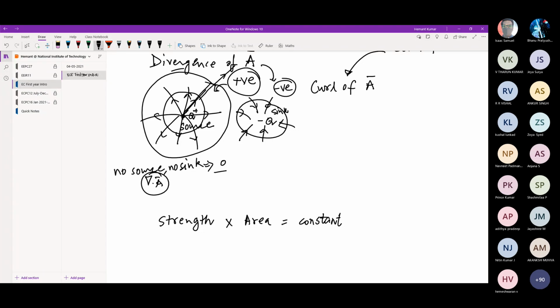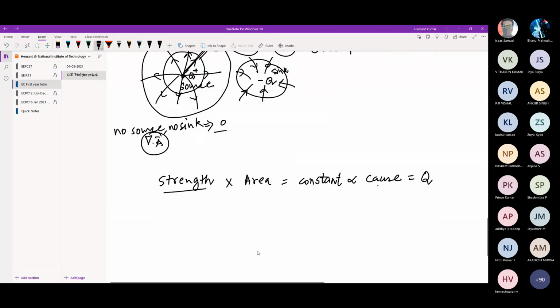And this constant is directly proportional to the cause of this strength. What is the cause? If you assume charge is the cause, or in the case of a bulb, the cause is the bulb. Here you have a charge, so it will be directly proportional to Q. Taking the example of a charge Q, where the strength is measured in terms of D and the area is A.